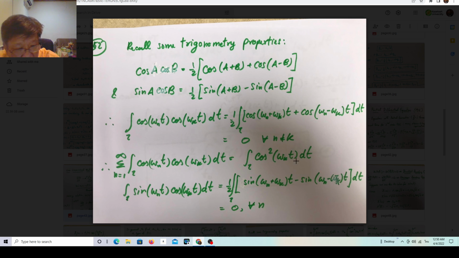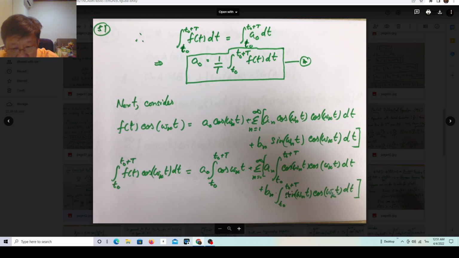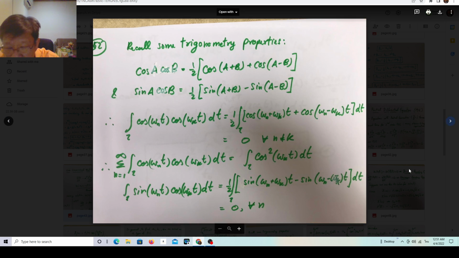And when you look at the second term here, the sine cos term, you get sine sum and sine minus. It doesn't matter whether n is equal to k or not equal to k, this is always 0.